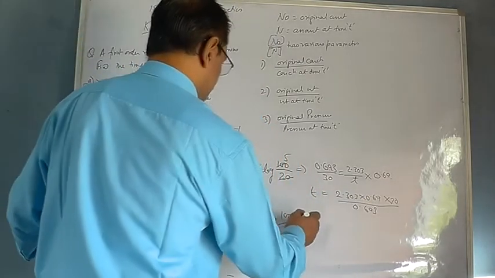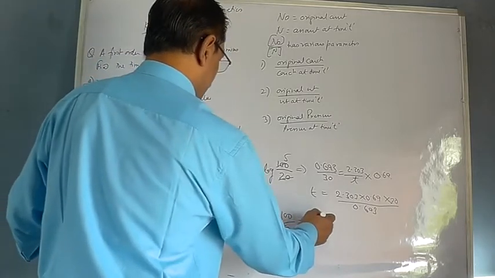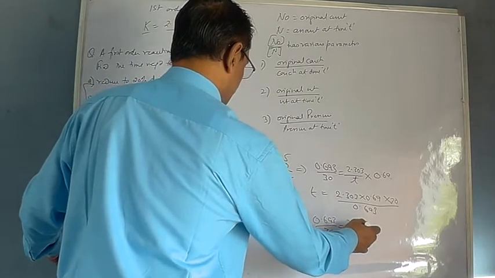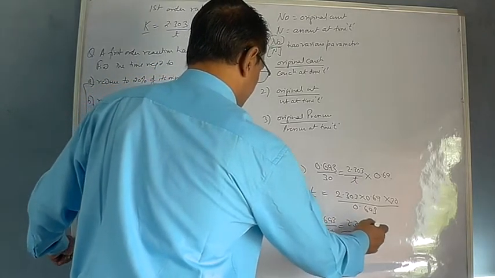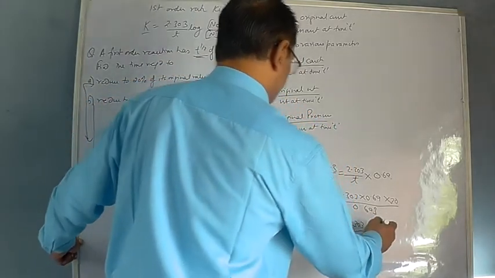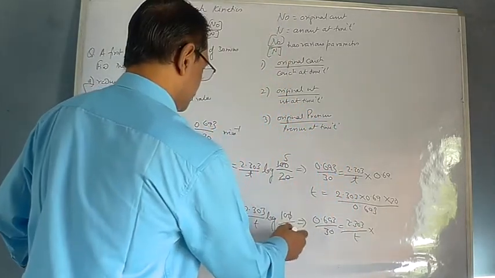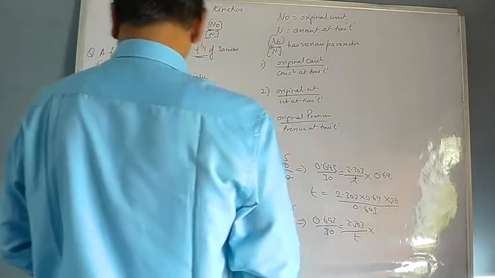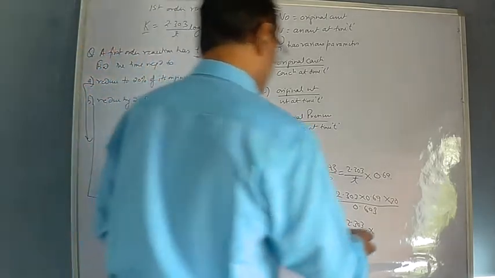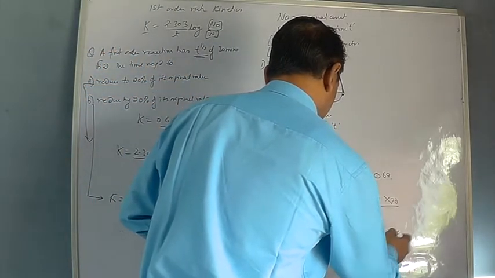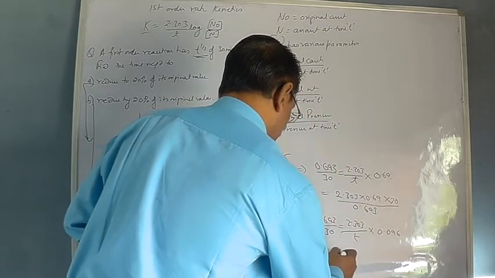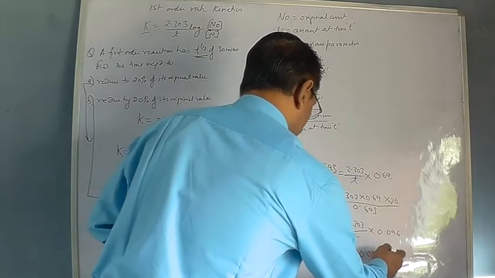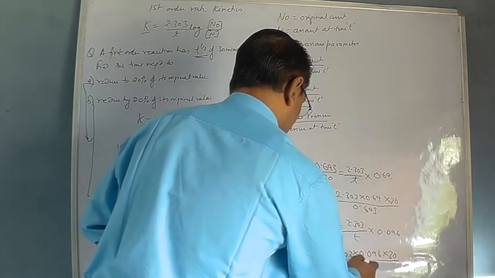Similarly, in this case, k remains the same, 0.693 divided by 30 equals 2.303 upon t, which we are supposed to calculate, then log 100 over 80. You can solve here. We get log 1.25, and the value of log 1.25 is 0.096. So I take t here as 2.303 multiplied by 0.096, again 30 goes up, divided by 0.693.